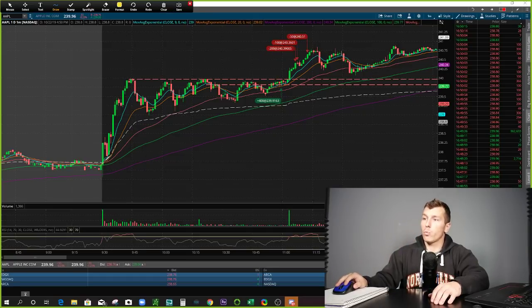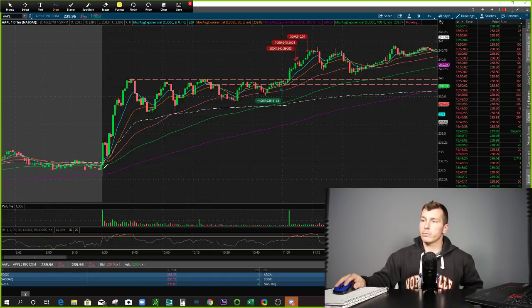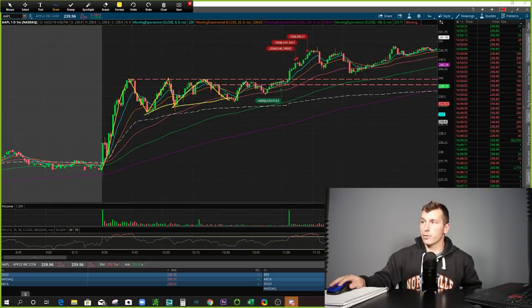All right, so to walk you guys through this, think about it. We wake up in the morning, market opens, Apple goes on a rip, pulls back, bounces back up, pulls back, puts in a higher low, bounces back up, hits resistance, comes back down, puts in another higher low, bounces back up to resistance, pulls back, puts in a higher low, goes back up to resistance, and it holds, okay?